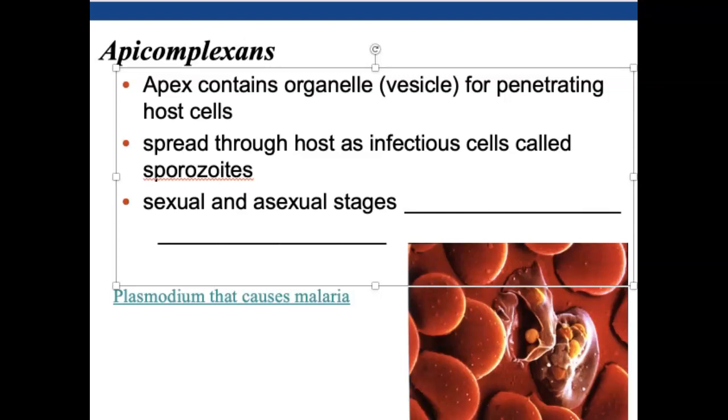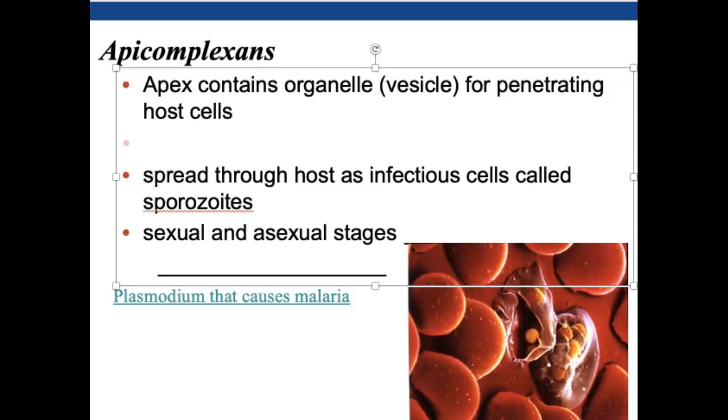The key feature on these guys is their apex, the tip of it, contains an organelle, that little vesicle. That's what makes them a member of Alveolata. But the tip of it has this little structure that allows it to penetrate into the host cell.